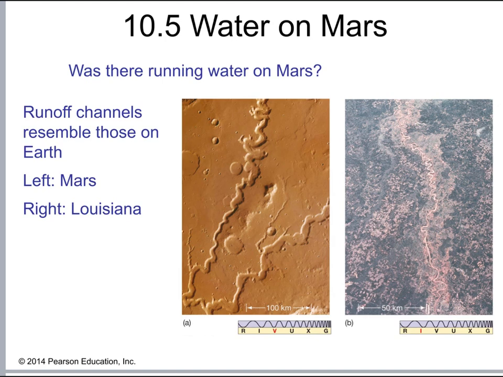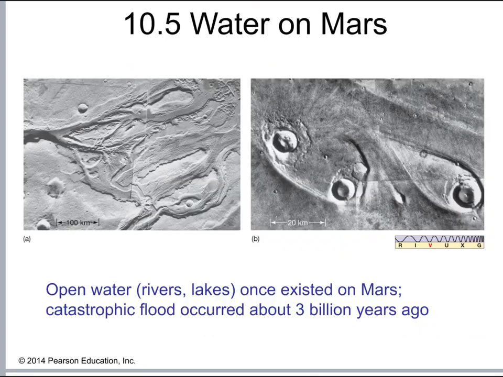Now, on the surface of Mars, we do see some features that suggest the presence of liquid water. So, for example, in this figure on the left, we see these runoff channels that resemble the delta structures that exist around rivers on the Earth. As I said, we believe that there was once significant water on the surface of Mars.